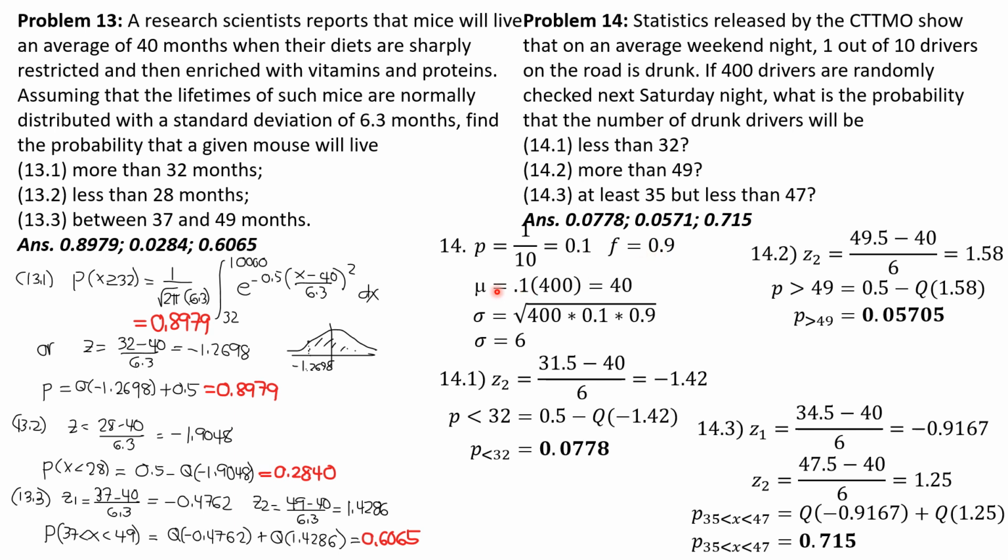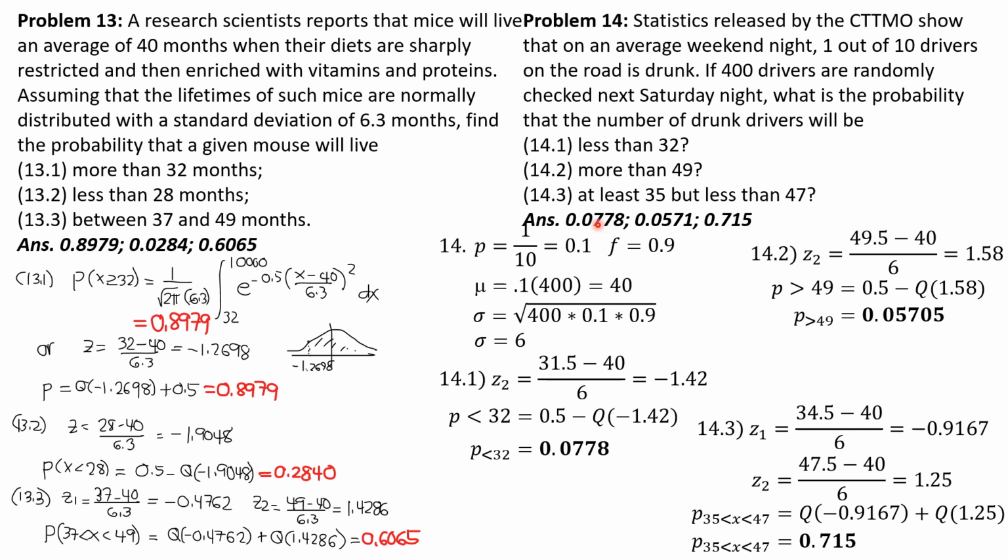So the mean is 0.1 times 400, and that is 40. This is mu. Then we have square root of npq as the approximate standard deviation. So it is 6.